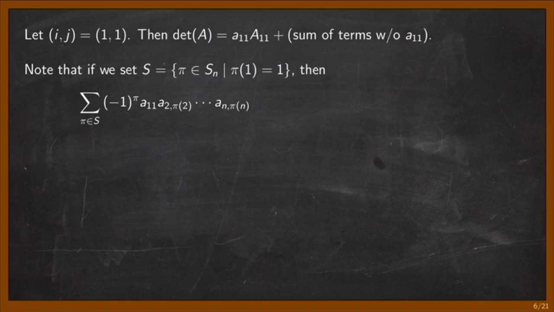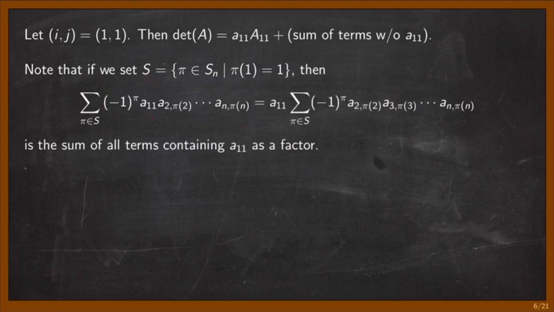Hence, the sum of all the terms of this form over all permutations pi in S are those terms that have a11 as a factor. If we factor out a11 among all these terms, you see that what's left is this summation. Therefore, by comparison, this summation has to be the term capital A11.